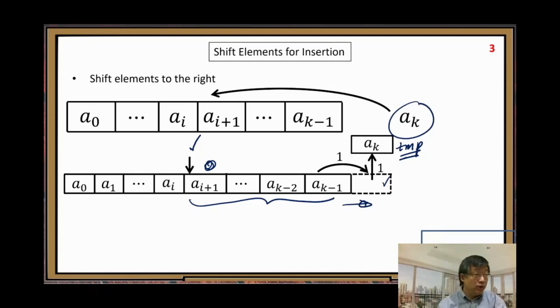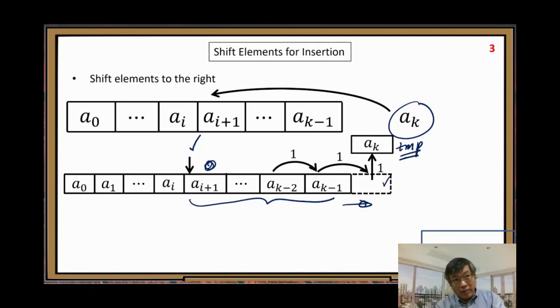We stop, because that means A sub k is already in its right position, so we do not even need to copy to the temporary location. But if it is greater than A sub k, then we do that right shift.